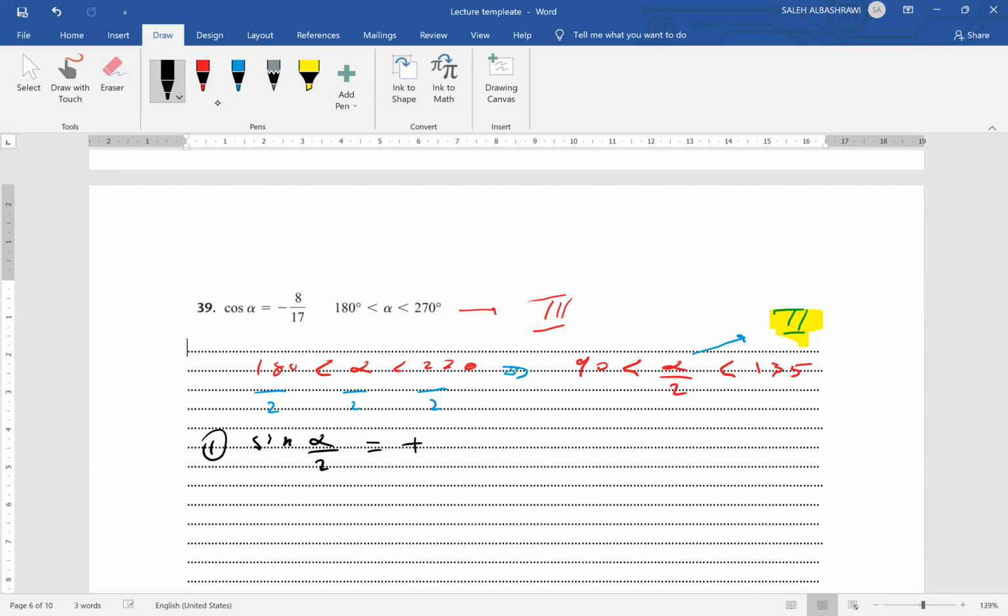So it is plus the square root of (1 minus cosine alpha) over 2, which is equal to plus square root of 1 minus, cosine is given to be minus 8 over 17, all divided by 2.